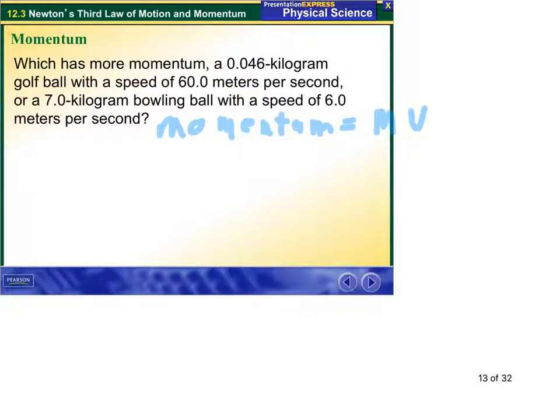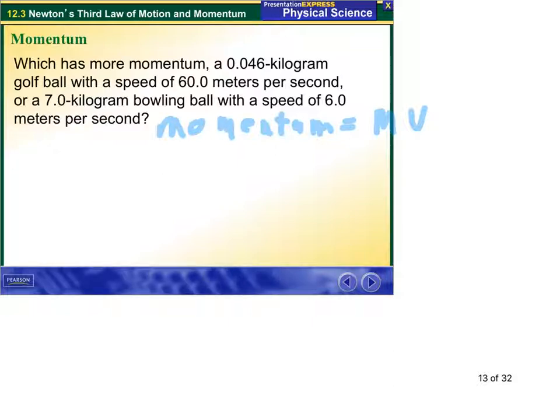Because velocity is a vector, momentum is also going to be a vector. Along with displacement, velocity, acceleration, and force, now we've got momentum, a fifth vector.